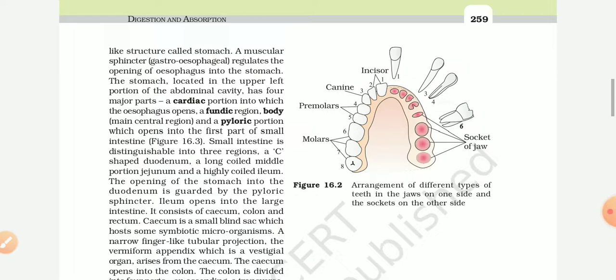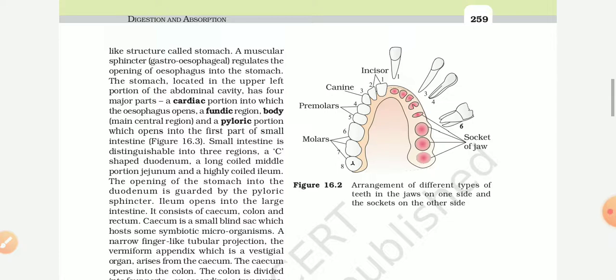The stomach is located in the upper left portion of the abdominal cavity, and it has mainly four portions. The portion into which the esophagus opens is called the cardiac portion, then a fundic region, and the main central region is called the body, and the pyloric portion that opens into the first part of the small intestine.